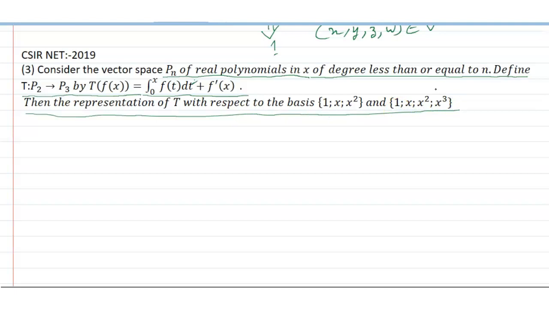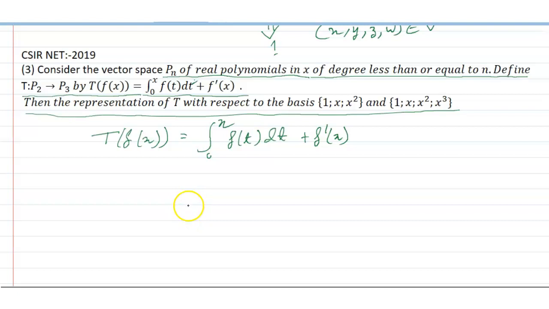So friends, my basis is given. So at first I have to find out T f x is equal to the integral from 0 to x of f t dt plus f dash. So friends, whatever you see, the basis vector is 1.